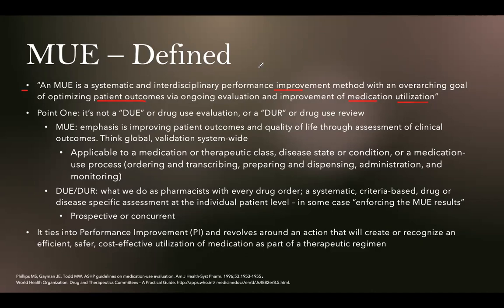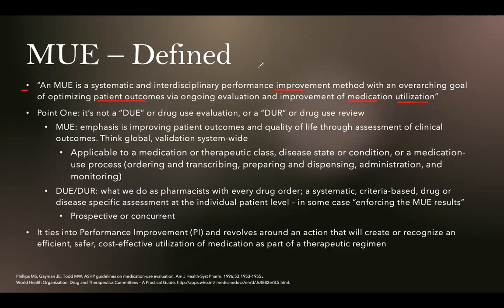Of those interventions, how many times did the pharmacist follow up to make sure the dose adjustment, maybe instead of 1 mg per kg Q24 in 3 days, we can go back to BID? So a patient went from supratherapeutic on admission because it was twice daily. We changed it to once daily, but then when their acute kidney injury resolved for whatever reason, we failed to readjust the dose. So that right there is an idea of an MUE.